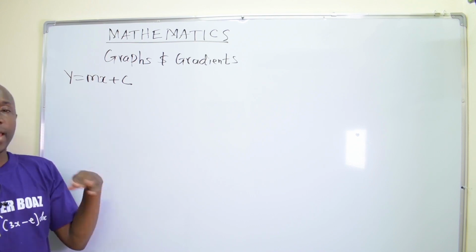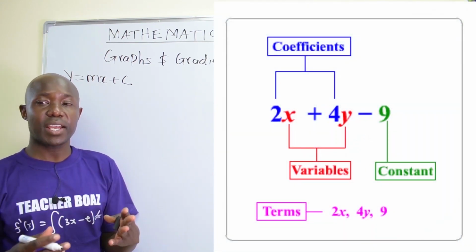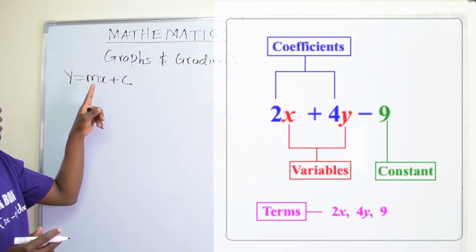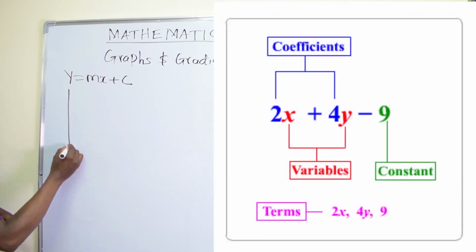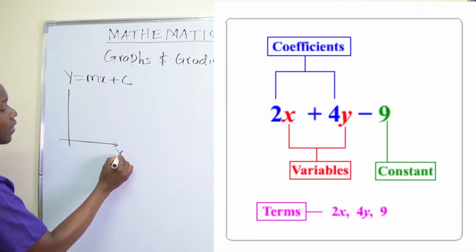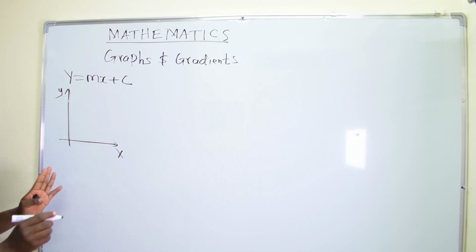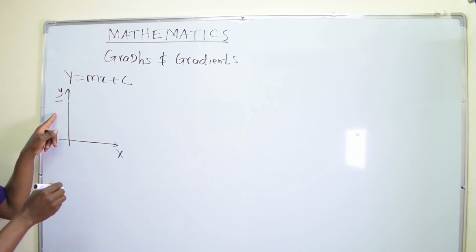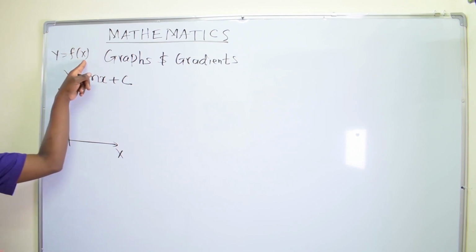Remember, the x and y are variables. Variables means they take different values of numbers. But m and c are constants. An example, if I draw for you the x-axis and the y-axis, remember sometimes in the textbooks, instead of writing y, we usually take y to be a function of x.